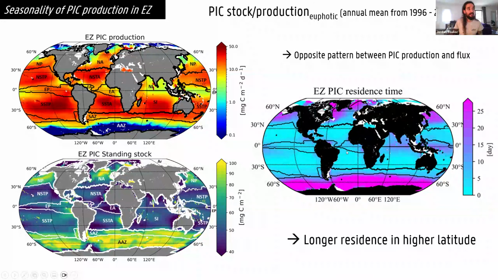We observe a higher residence time in high latitudes, such as in the Southern Ocean, North Atlantic, and also North Pacific. The residence time corresponds to the time that your particles can stay in the water column.